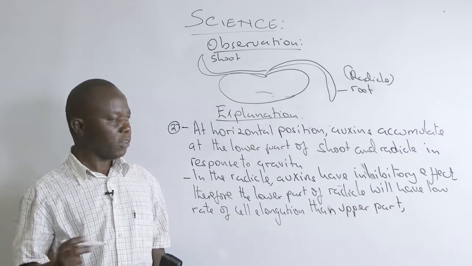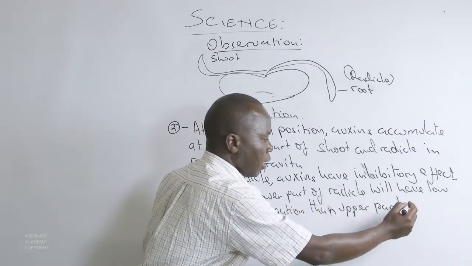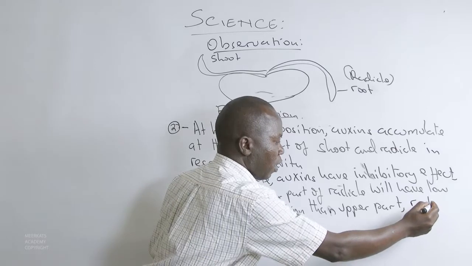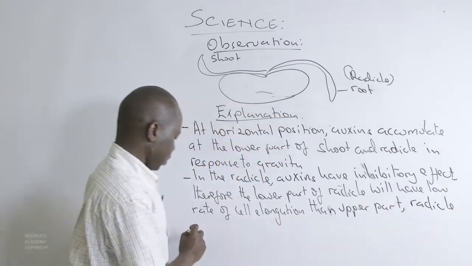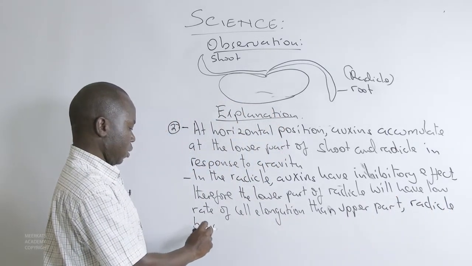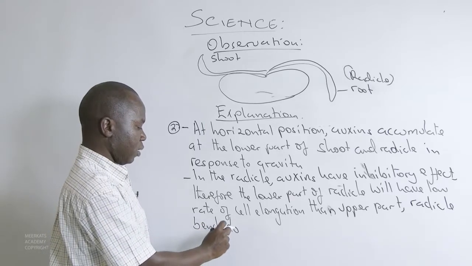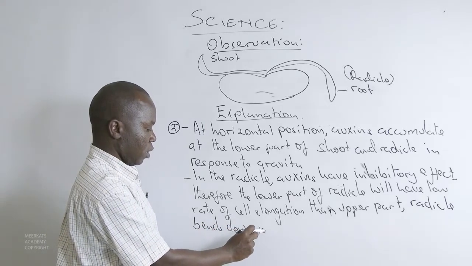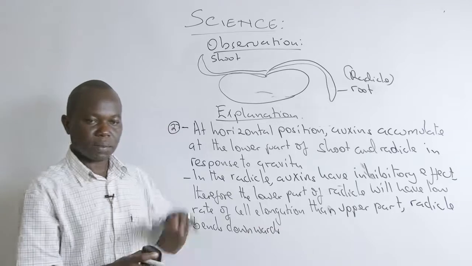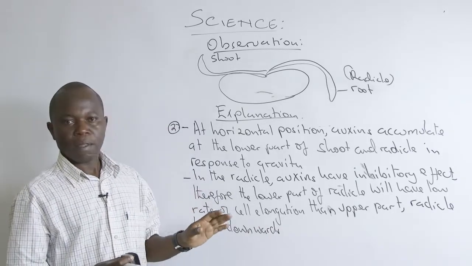So the effect of this is that the radical bends downwards, or in other words, it grows downwards.